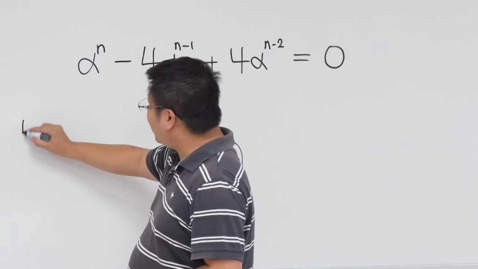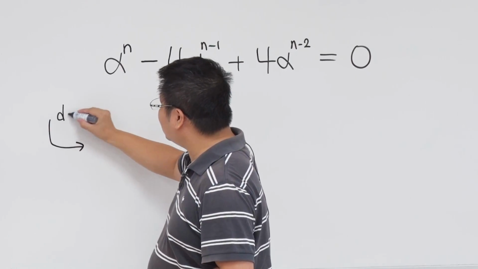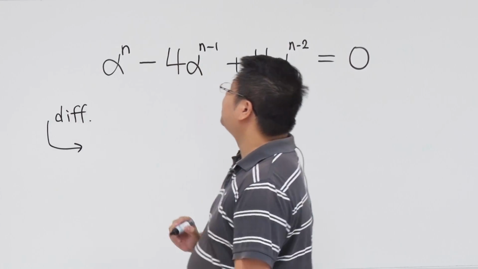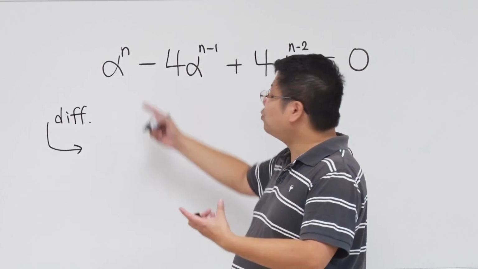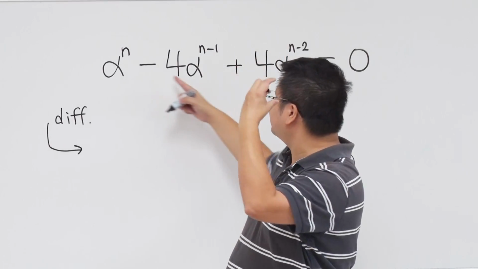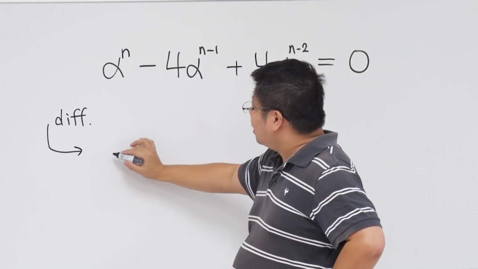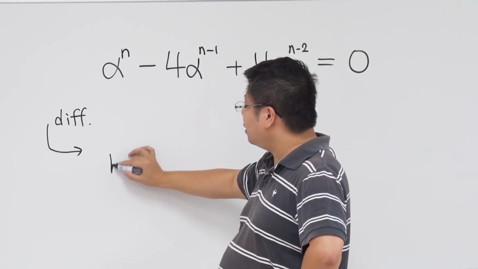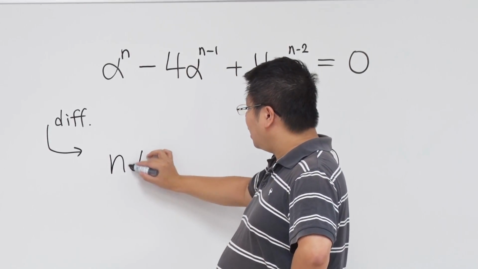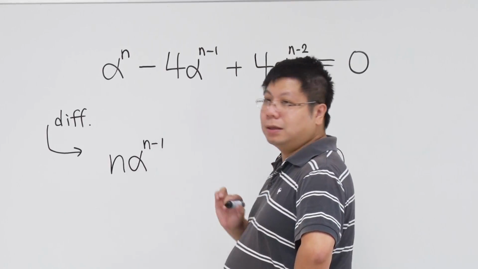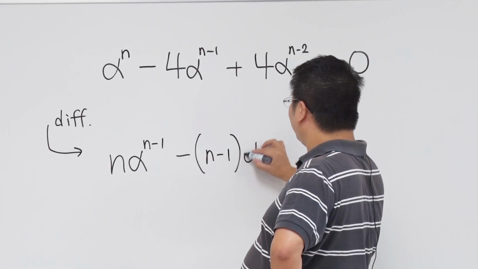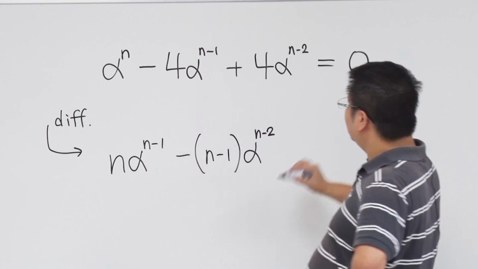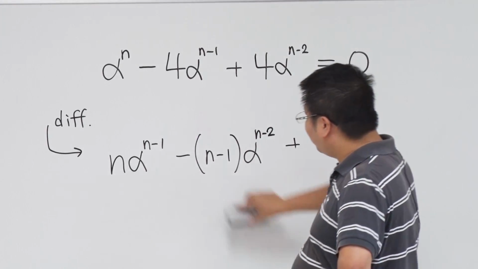So if I differentiate this, this time let's use differentiation. Differentiate this, what do we get? With respect to this root, let's imagine this is x, this is x, this is x. Then you plug in alpha there, and you will have n times alpha to the power n minus 1 minus 4 times n minus 1 times alpha to the power n minus 2, sorry, there is a 4 here.